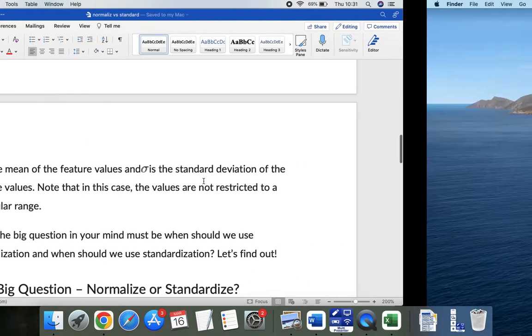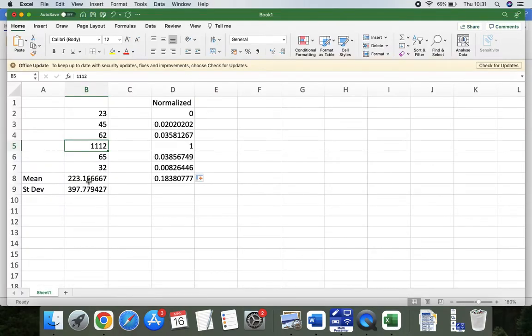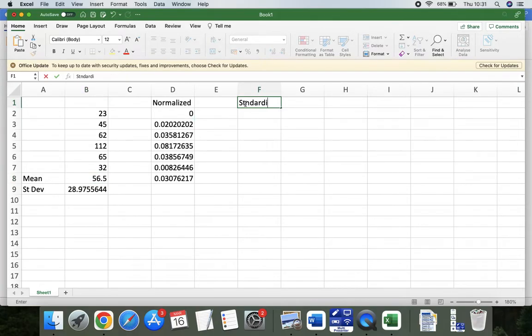So this is the formula here, and if we just look at this formula and try to execute it, okay, let's try standardization. Okay, the value is in B2, minus, what is the mean? 56.5, divided by, let's say your standard deviation is 29.